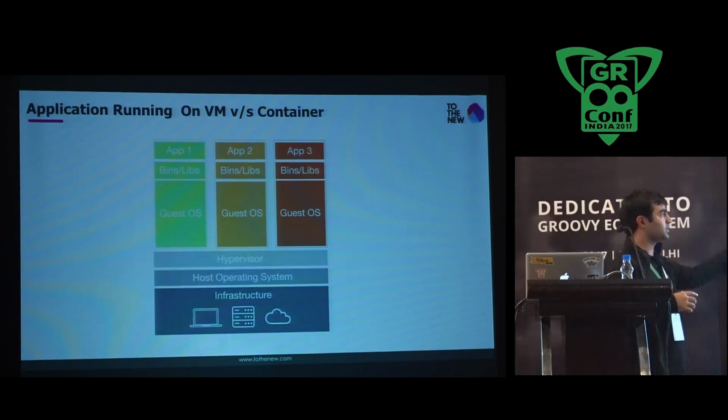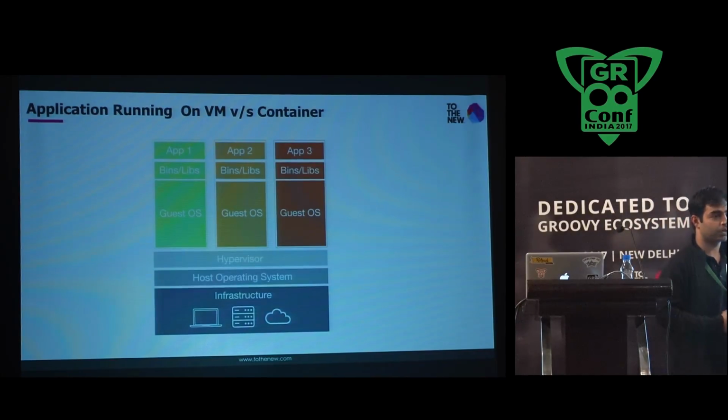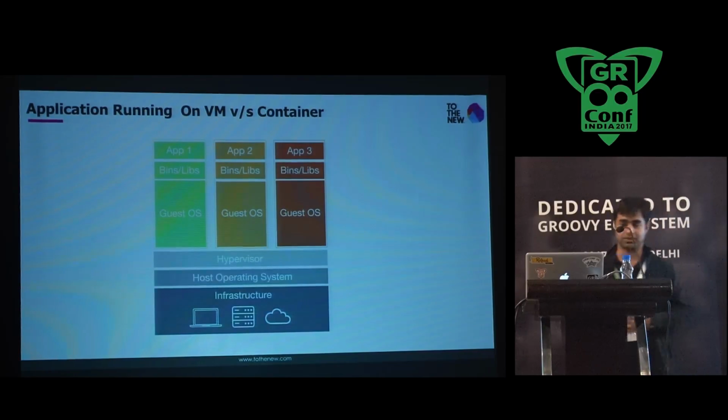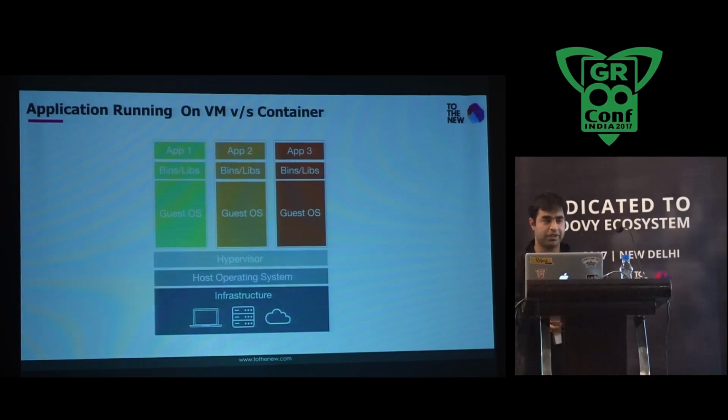The problem with this image is it's very huge. You have a whole operating system with it. It is very hard to maintain and not portable. It's very big. You cannot send it quickly to another person or some other environment. And whenever you start an image, you are actually starting a new operating system, right?